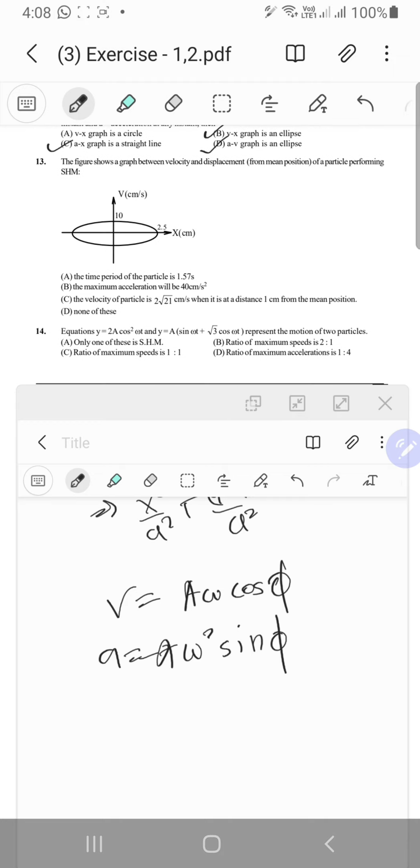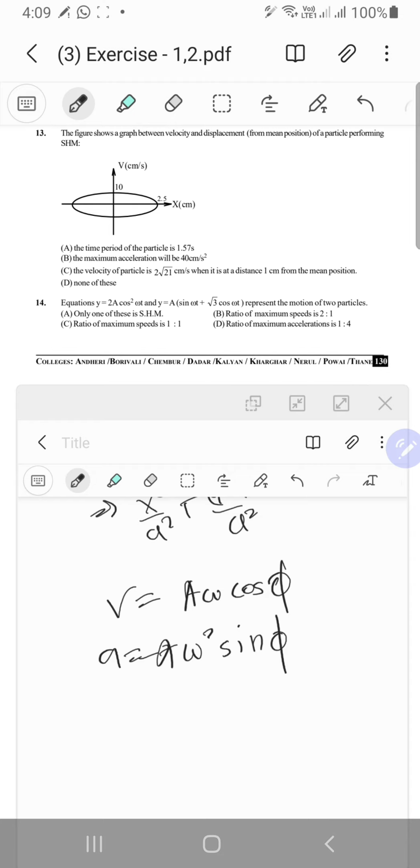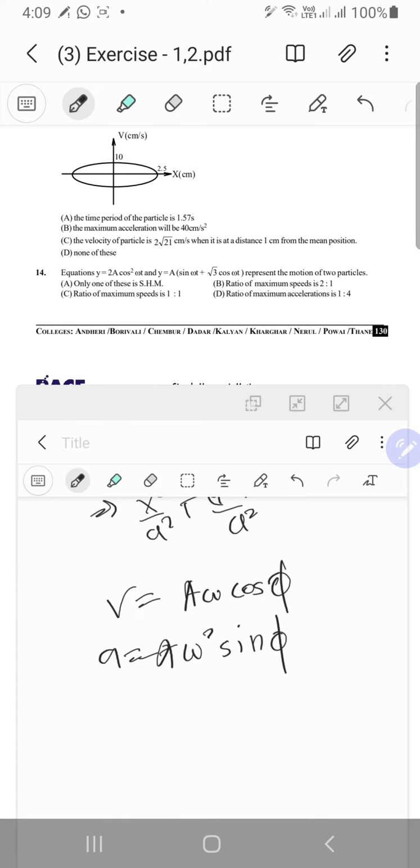The figure shows a graph between velocity and displacement of a particle performing SHM. Okay, velocity and displacement. Cool. The time period of the particle is 1.57 seconds. Okay, fine. The maximum acceleration will be 40.